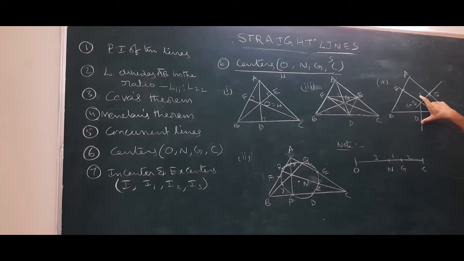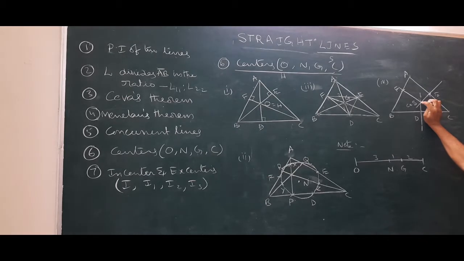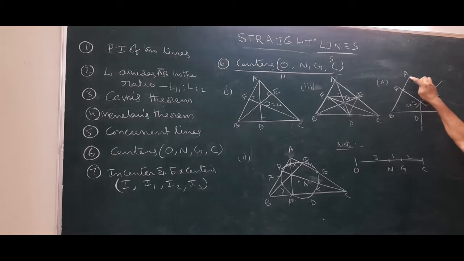Like this, we can draw three perpendicular bisectors to the three sides. These three lines intersect at a point. That point is called the circumcenter, denoted by S. The property of the circumcenter is that it is equidistant from the three vertices.